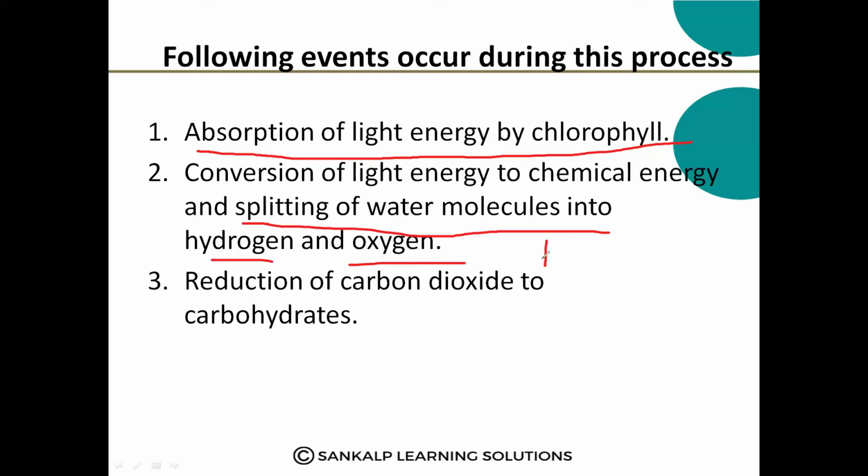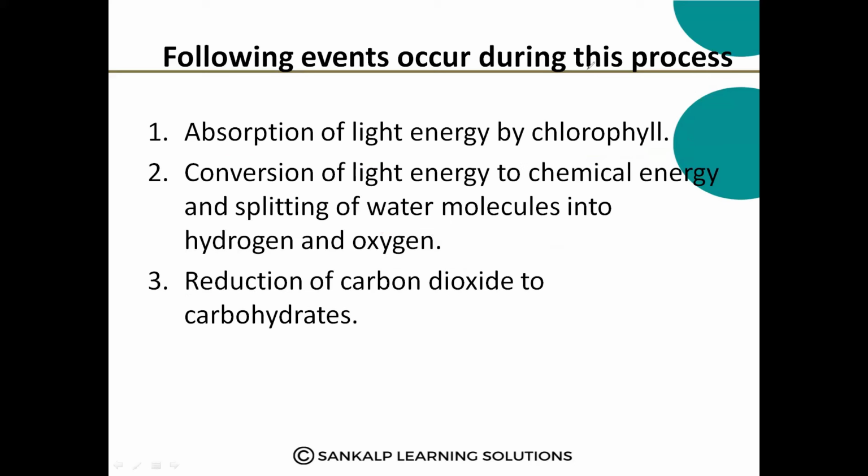You know the formula of water, right? H2O. So this H2O will break down and form hydrogen and oxygen. And in the third step, reduction of carbon dioxide into carbohydrates. So these are the 3 main important steps of photosynthesis.